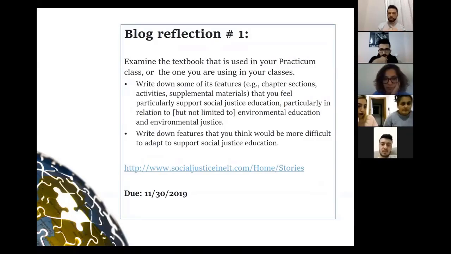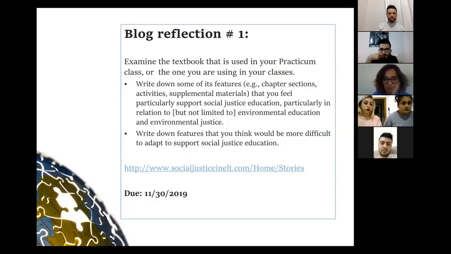Our primary focus will be environmental education, but it doesn't mean that you have to stick to this kind of issue. If you observe any other issues related to social injustice, you are welcome to write them down as well.